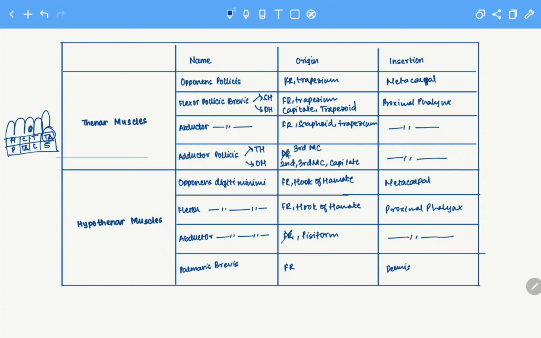So this is like a diagonal. And palmaris brevis originates from flexor retinaculum as well as the palmar aponeurosis. Thenar and hypothenar muscles are memorized. This is done and dusted. Hope this helps you. Thank you.